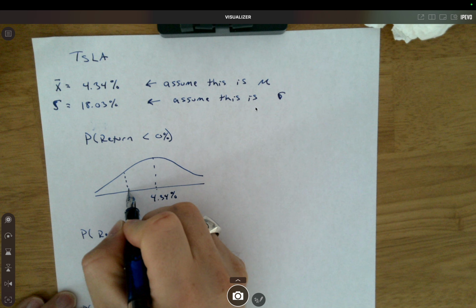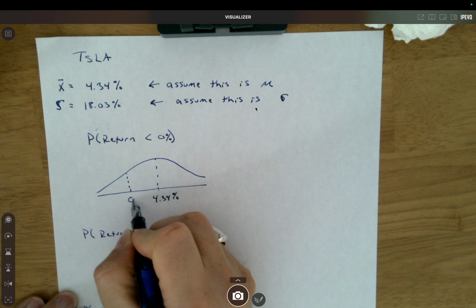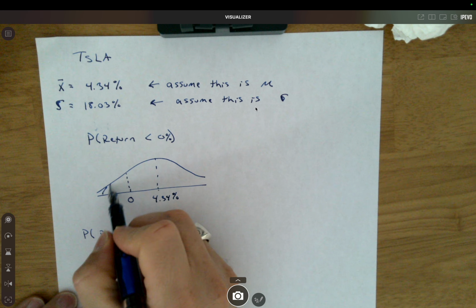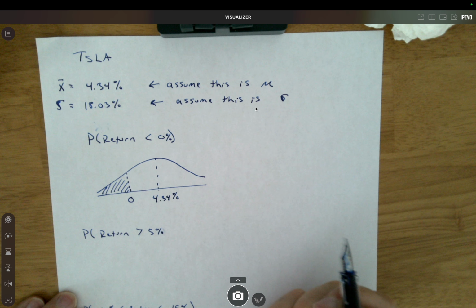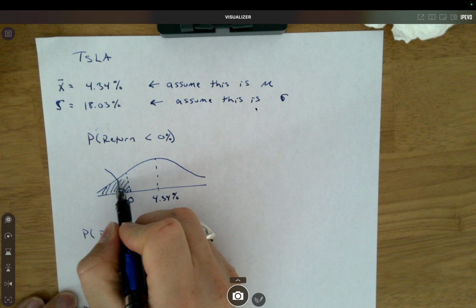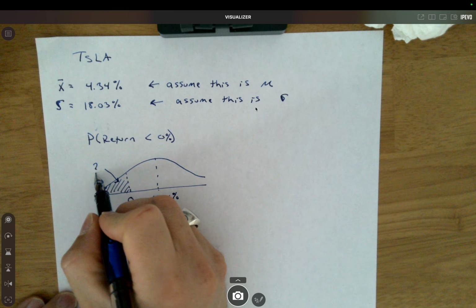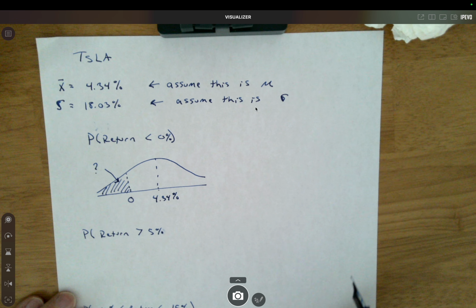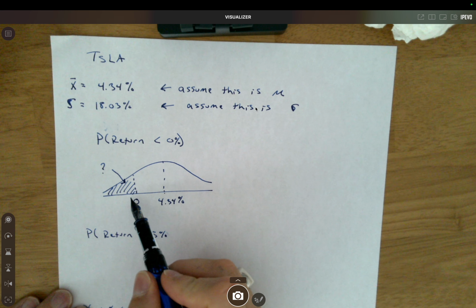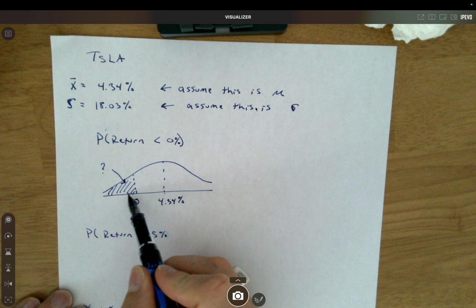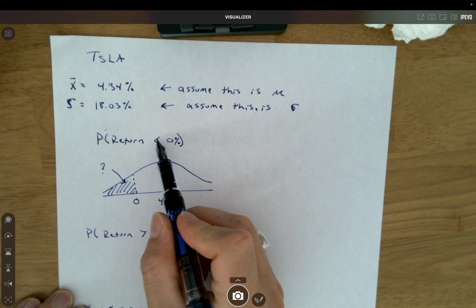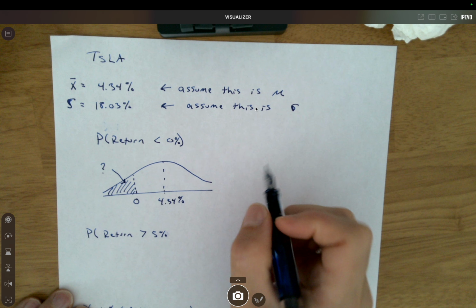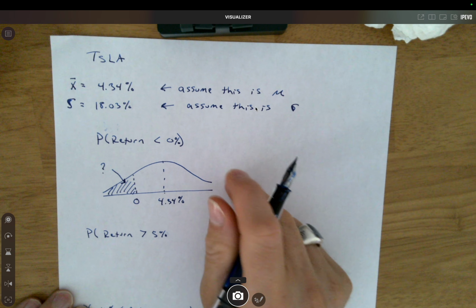So let's just put 0 right here. And this is the probability that we're trying to estimate right here. So this right here is what we are trying to find. And since the area is on the left tail, and we know it's the left tail because this is pointing to the left, we know this is going to be a norm.dist problem.